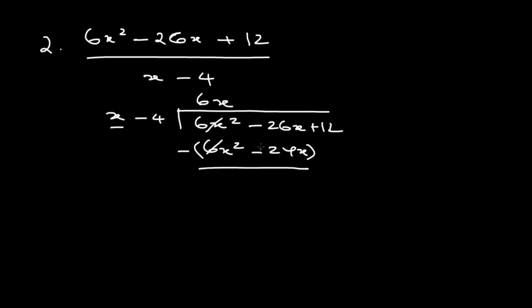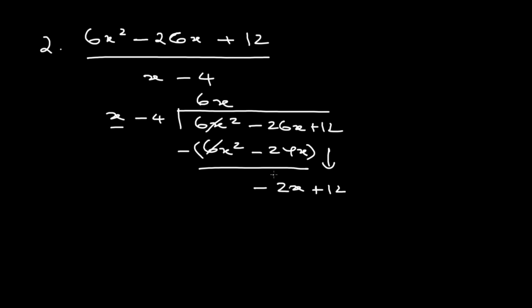Then this is minus, this is plus, meaning that we're going to have a minus here, right? If we have a minus here, it'll be what? Minus 2x, okay? Then we bring down the plus 12 here, right?